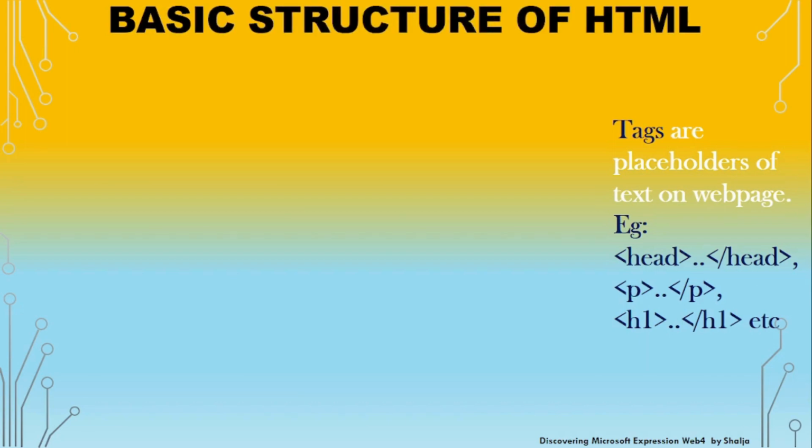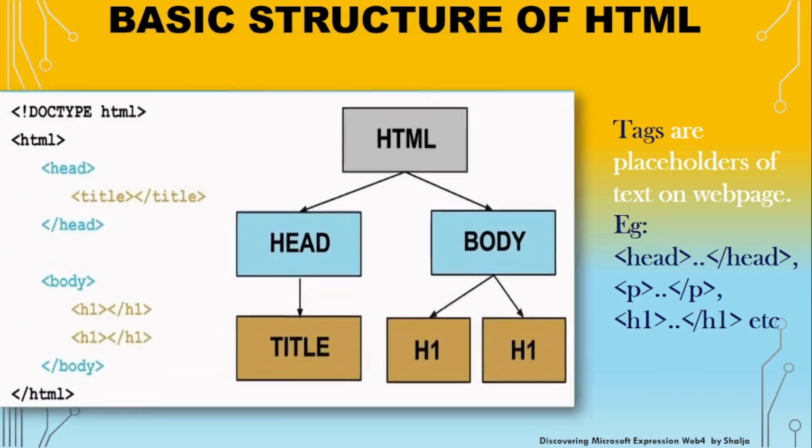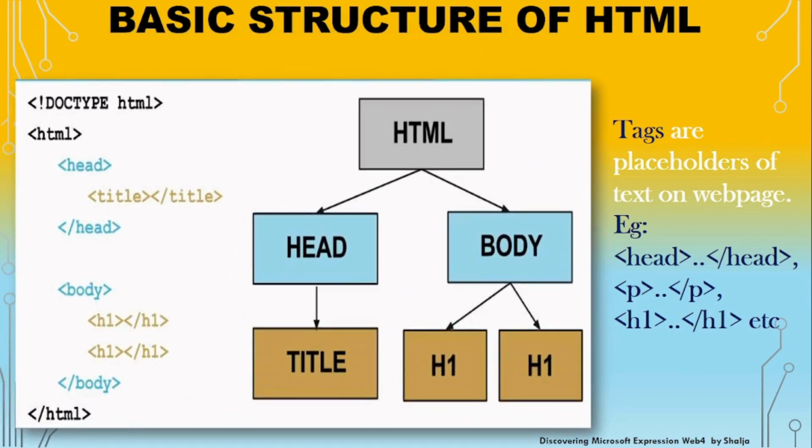Here is the basic structure of an HTML document. You see on the top, doctype HTML tells that this document is going to have HTML code.